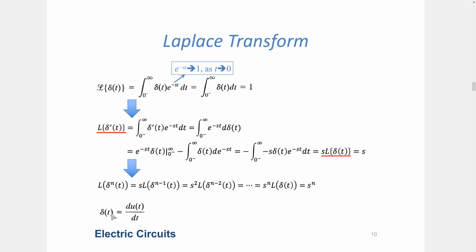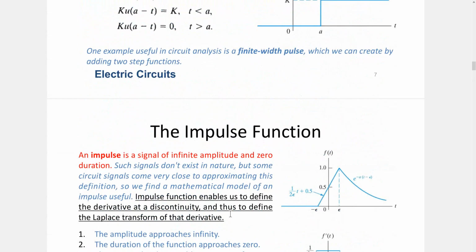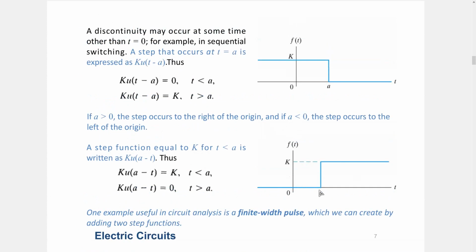From here, it's also possible to define that the unit impulse function is the derivative of the unit step function. Now, if we go back to our unit step function, if I take the derivative of this function, all the constant portions, except for a, where the transition in time occurs, will be 0, because if you take the derivative of a constant, it's going to be 0.